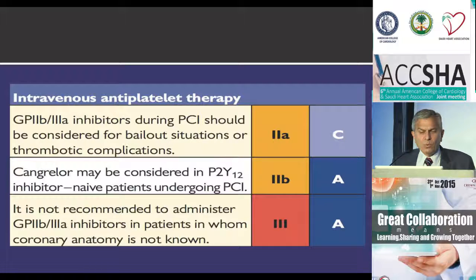Now, when we talk about how to use those antiplatelet agents, ticagrelor is superior to clopidogrel. And glycoprotein 2B3A inhibitors, in fact, as per the guidelines, are not really to be used. It is not recommended to administer glycoprotein 2B3A inhibitors in patients in whom coronary anatomy is not known.